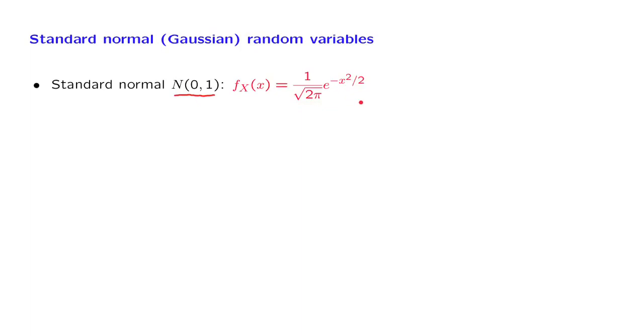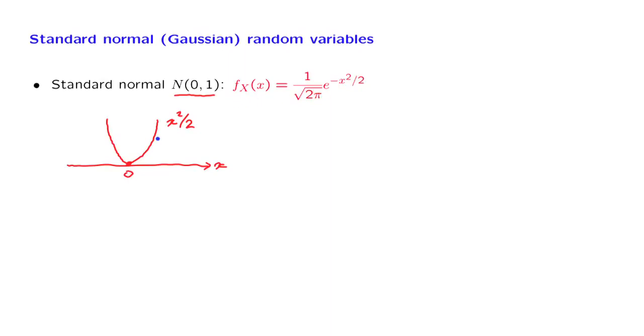Let us try to understand this formula. So we have the exponential of negative x squared over 2. Now, if we are to plot the x squared over 2 function, it has a shape of this form, and it is centered at 0. But then we take the negative exponential of this function.